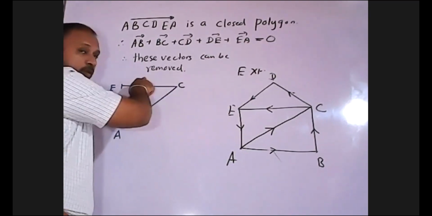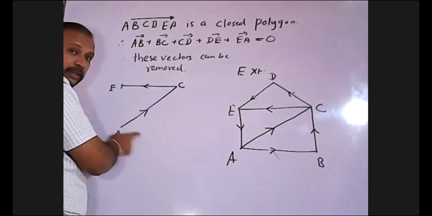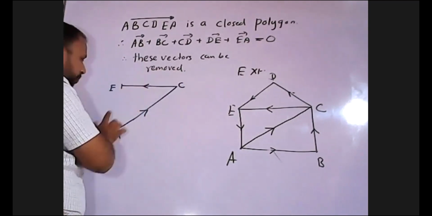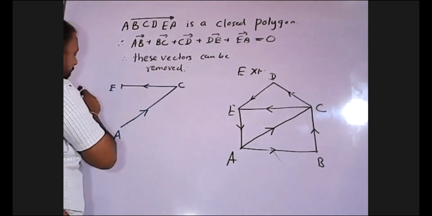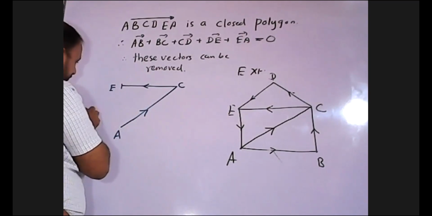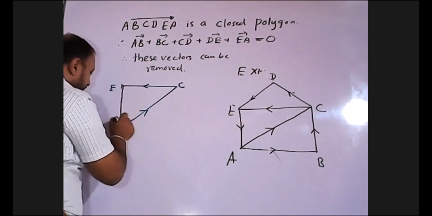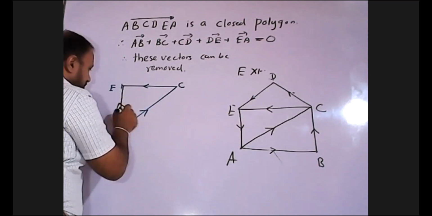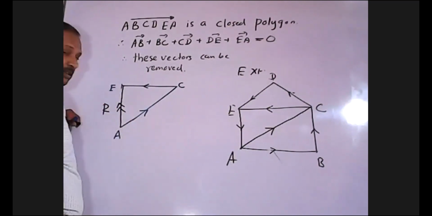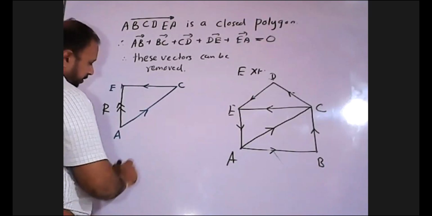These two vectors are in order. Therefore, the resultant vector should be in opposite order. So this should be the resultant vector.